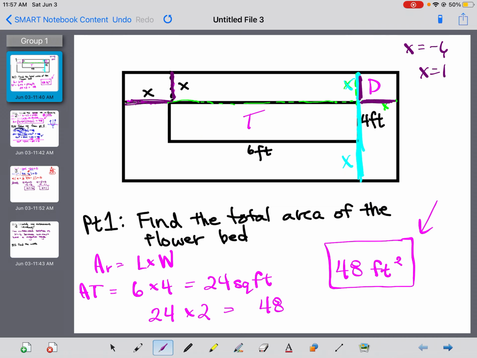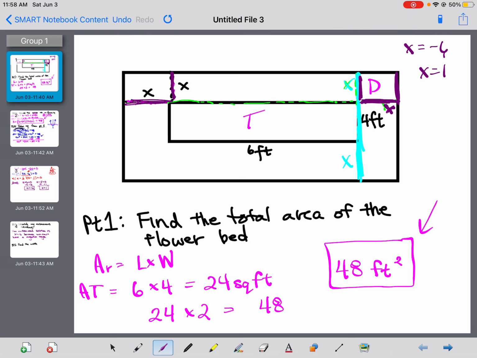Here is just the width right here, and that's represented by x. So the width of the daisies is here. Some people say the width could be here. They're both x. So the answer could be 1.